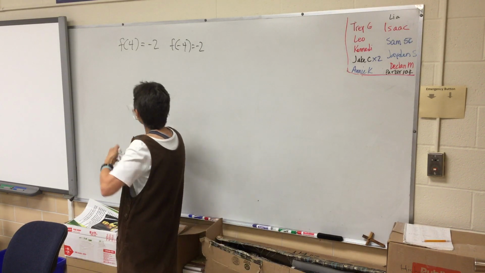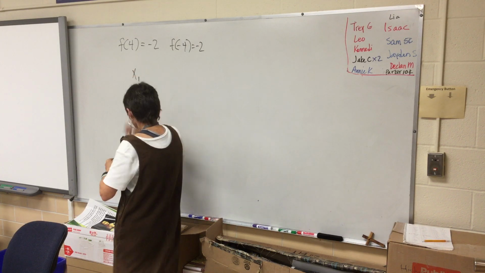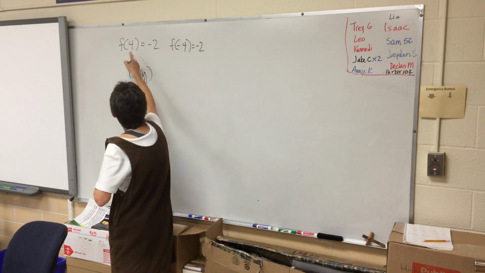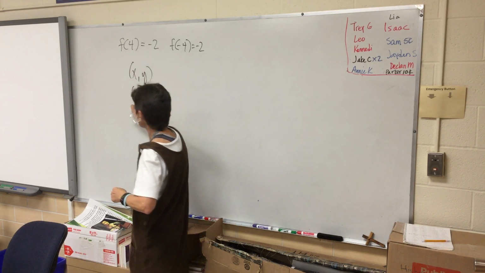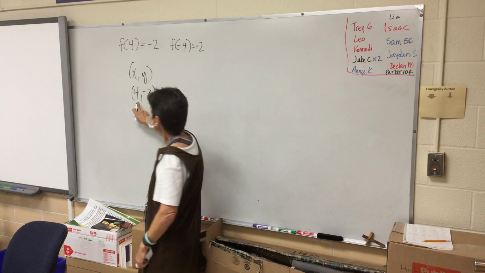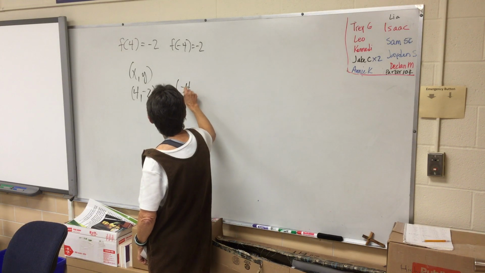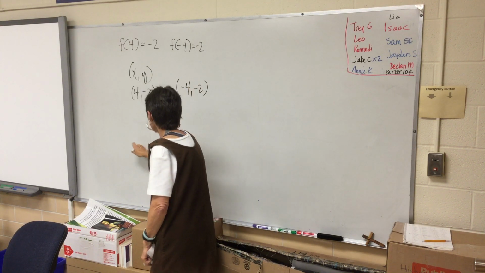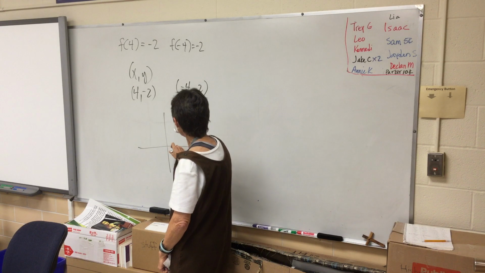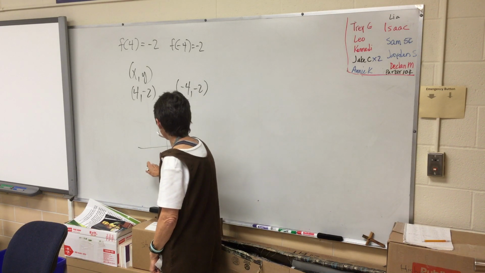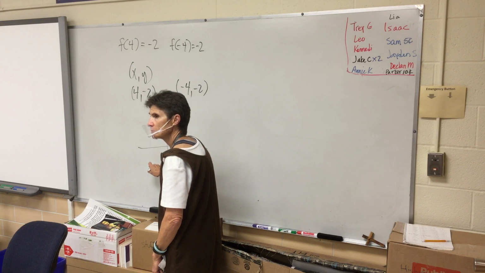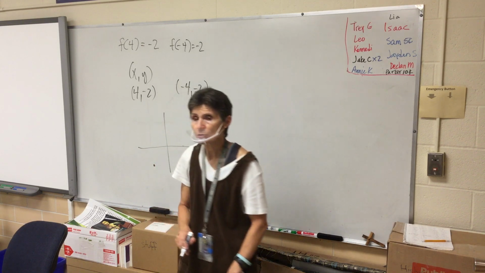This is the point x, y, for negative 2. F of x, that's your x value. So you have that point and you have this point. Let's look at those 2 points. 4, negative 2, and negative 4, negative 2.